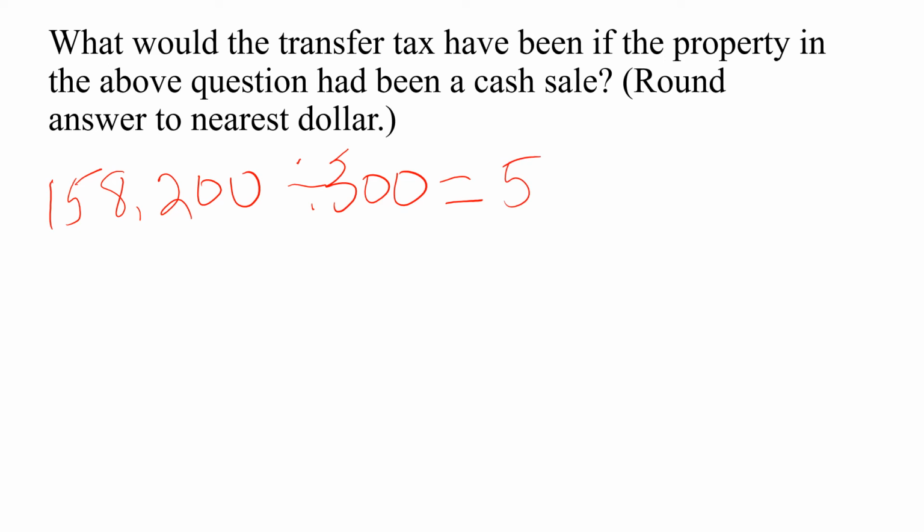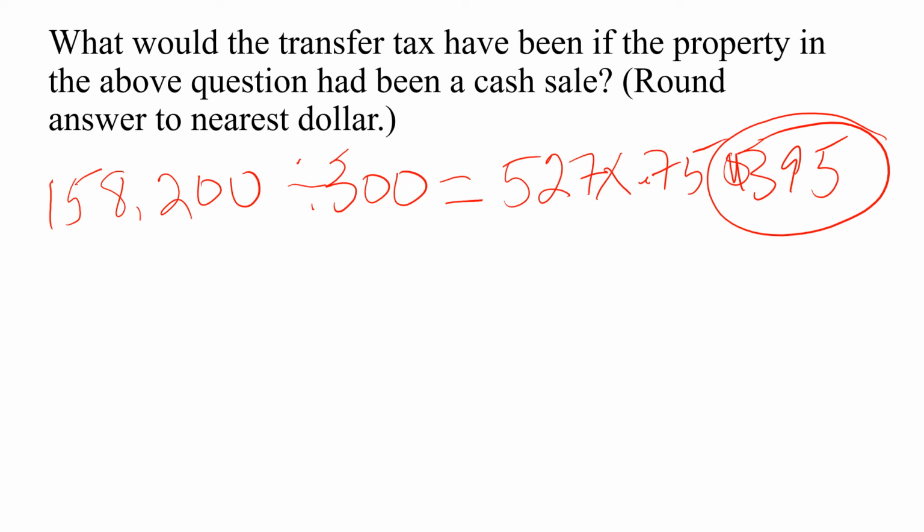So that would have been 527 times 0.75. So instead of 145, it would have been $395 if the whole transaction had been in cash and instead of just the 58,000.